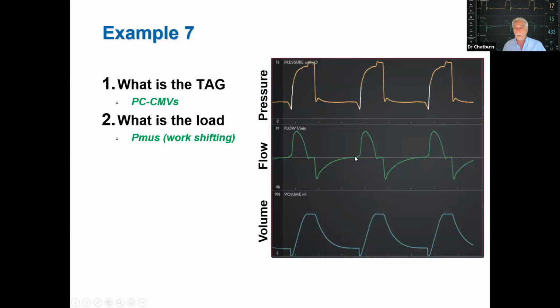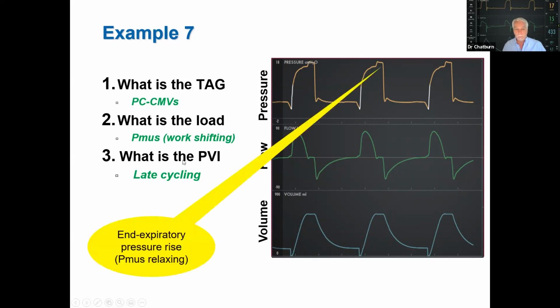Another example, pressure control again. Here we see work shifting because we don't see the nice exponential decay in flow. It's billowed up. It's increased flow because of the muscle pressure. And we call this late cycling because we see this pressure rise at end inspiration. What's happening here is that the patient is making an inspiratory effort and relaxing, in this case against an expiratory hold, a closed exhalation valve.